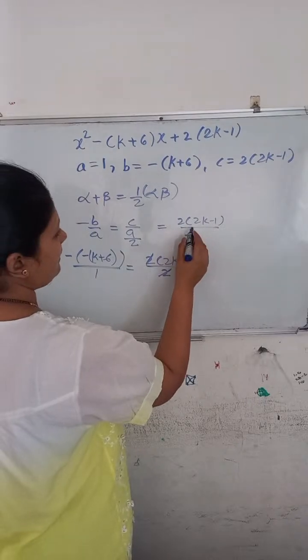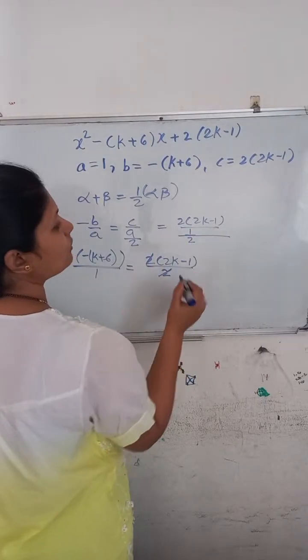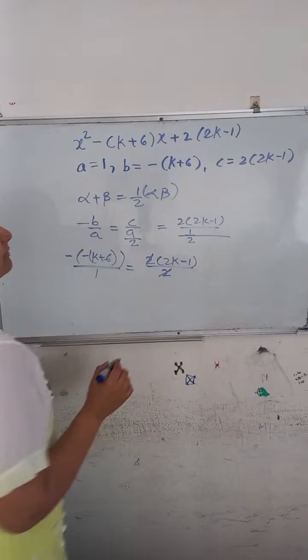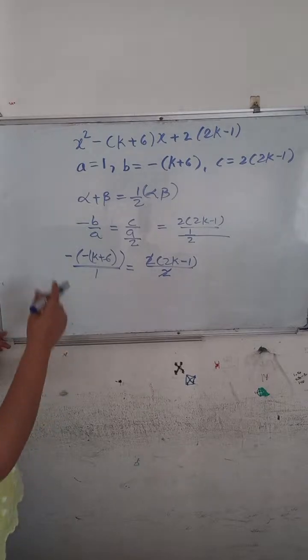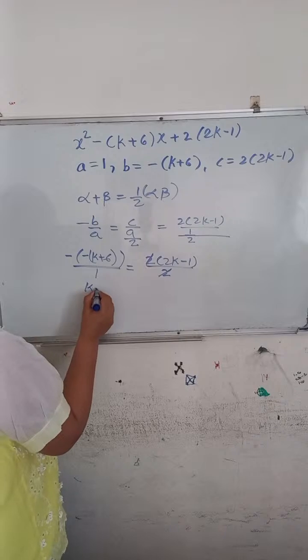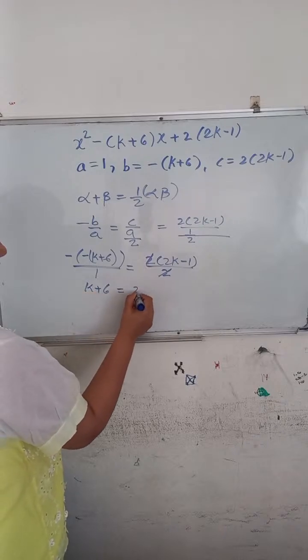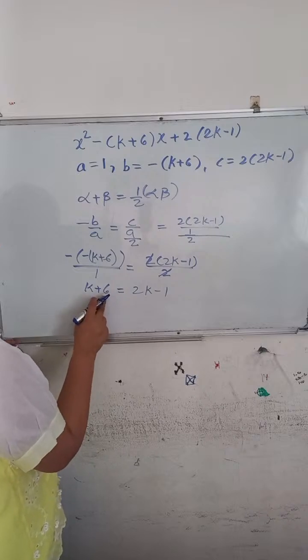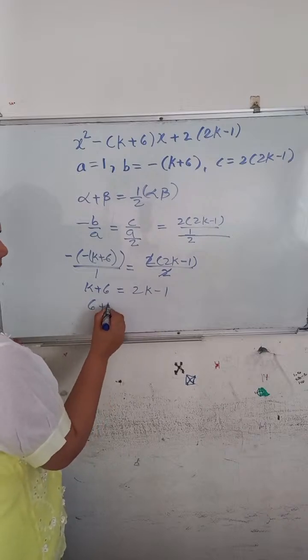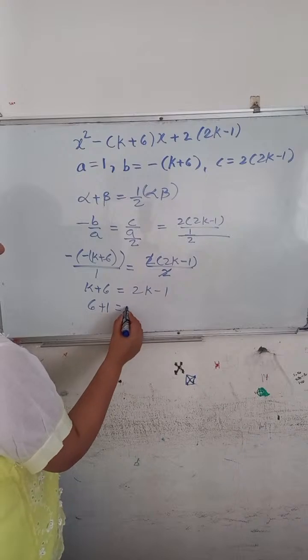This is a divided by 2, so 1 by 2 is nothing but 2. Getting up to here. So 2 and 2 get cancelled, minus and minus become plus, k plus 6. So 2k minus 1. Now I will keep 6 as it is, minus 1 you can transpose here, this will become plus.